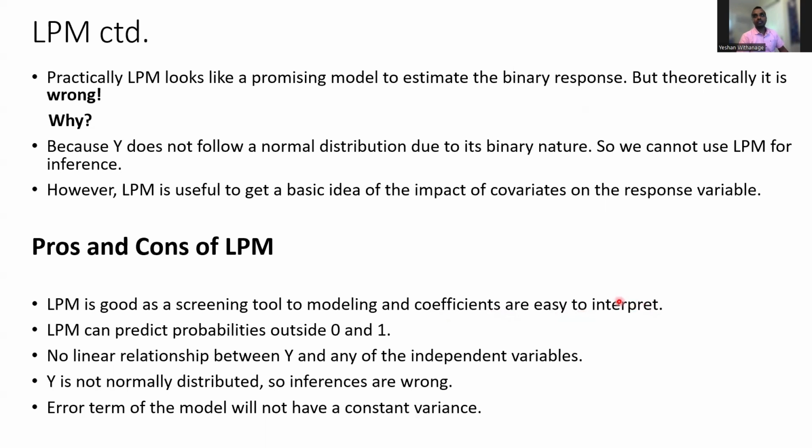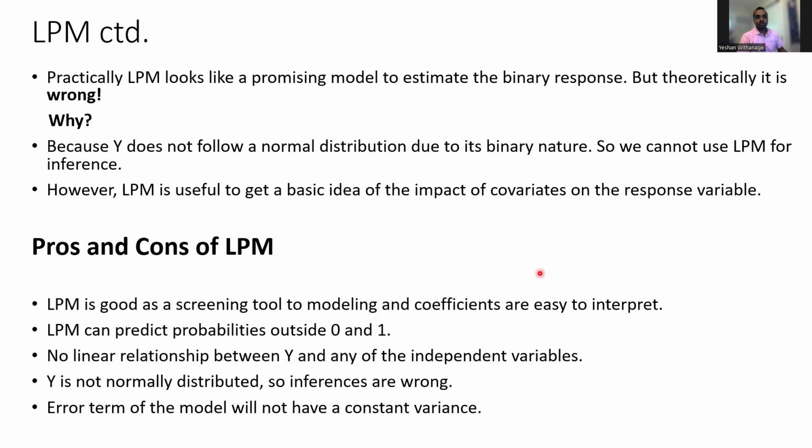So even though this is fundamentally wrong, you can use this model to see how the coefficients work, if the coefficients are big enough or something like that, just to see how it is working with the regressors that we are thinking of. And it has these problems that I mentioned.